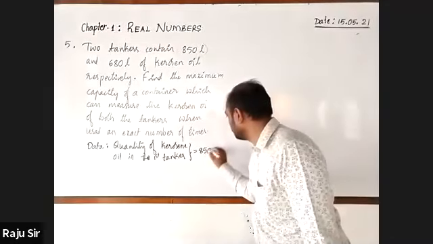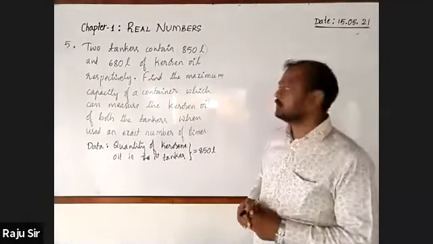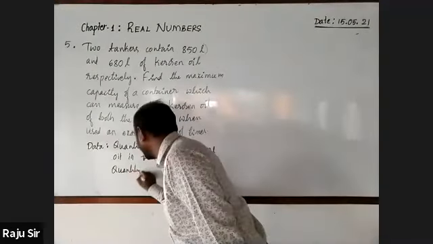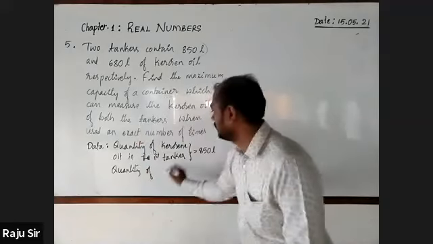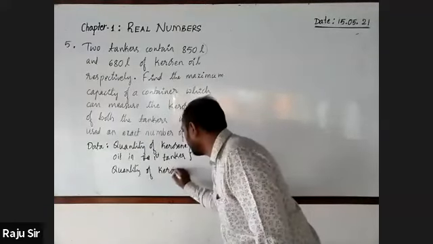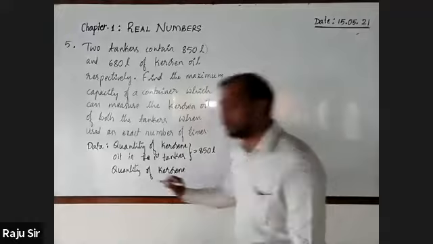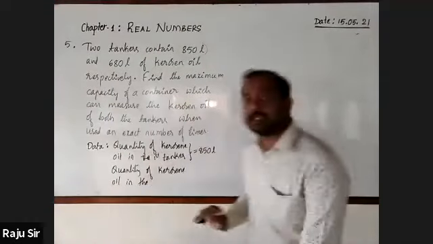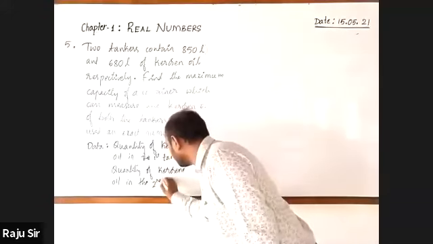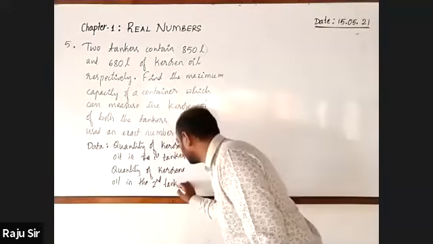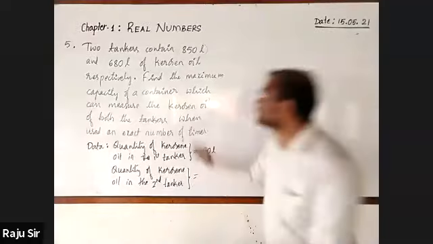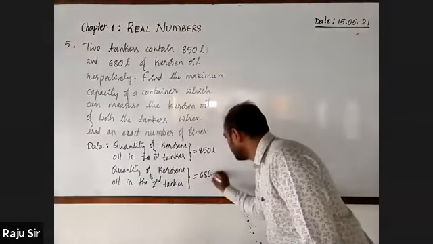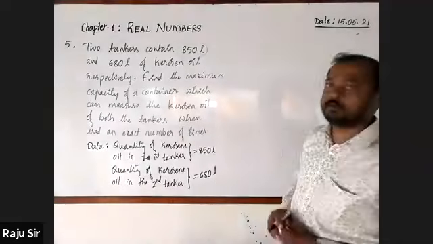Second, quantity of kerosene oil in the second tanker is 680 liters.